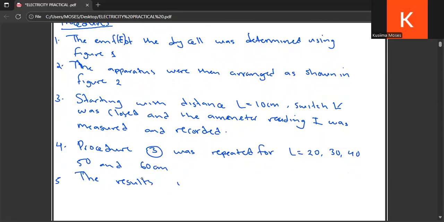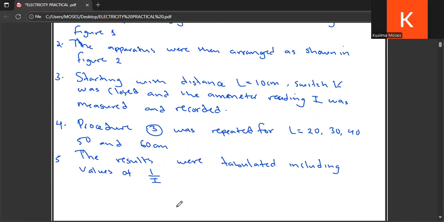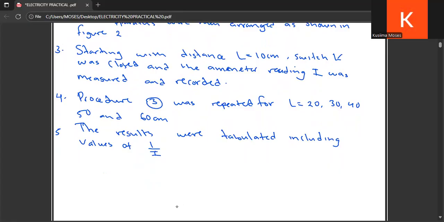The results were tabulated, including values of 1 over I. So after tabulating the results, a graph of 1 over I against L was plotted.